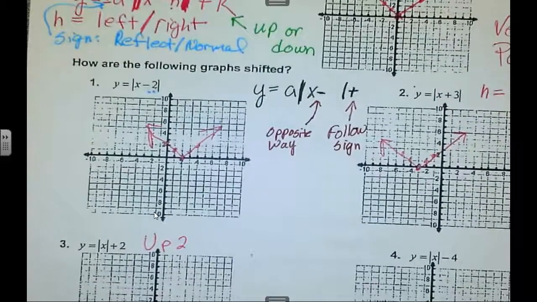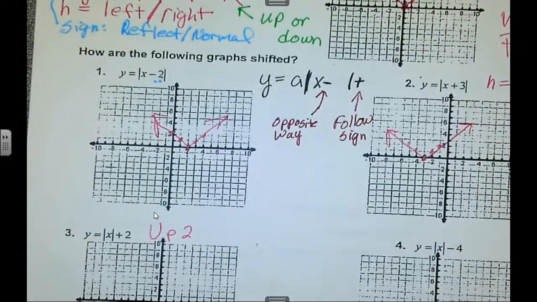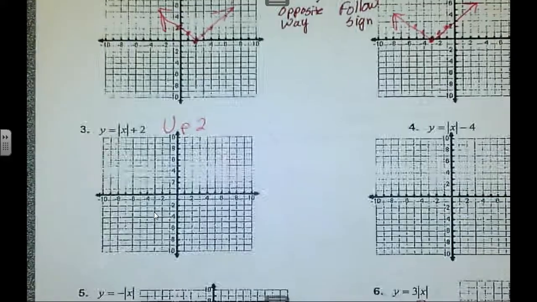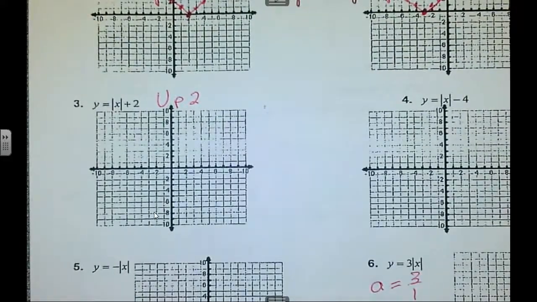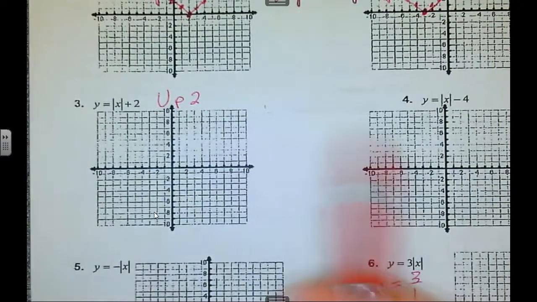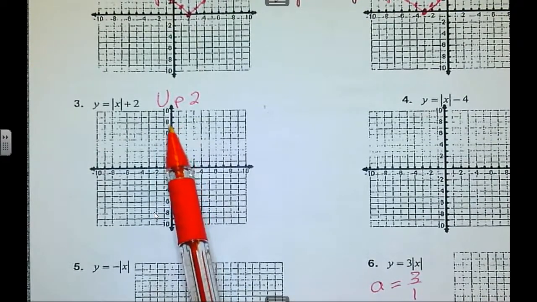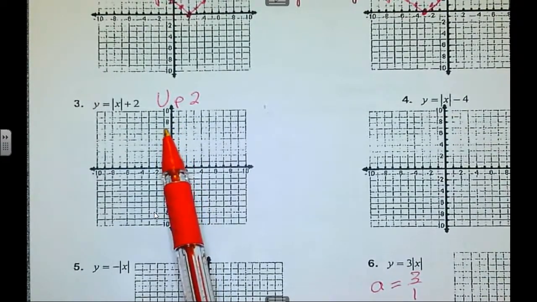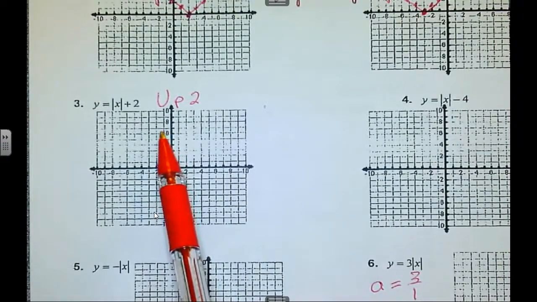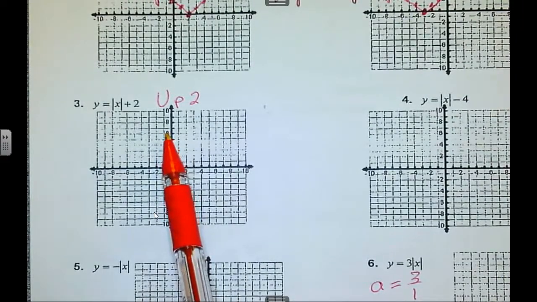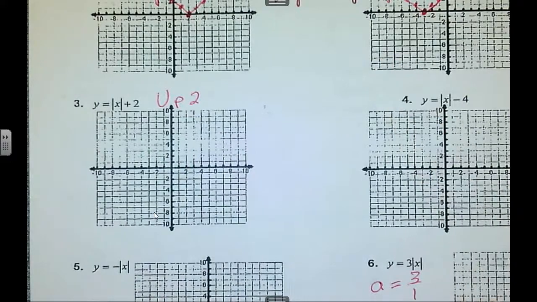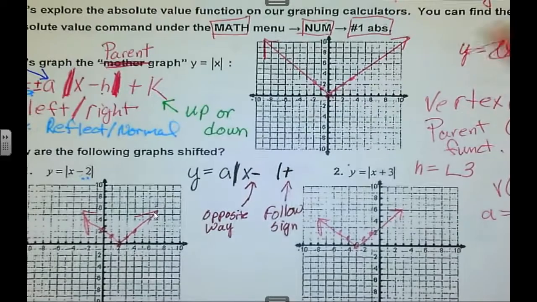A lot of students think of it that way. So number 3, I'm going to go up 2. Now, if you want to use your calculators, that's fine. But this is easy because this is only one transformation. When we get into problems with 3 or 4 transformations, then you're going to want to use your calculator. But remember, we're comparing this to our parent function.